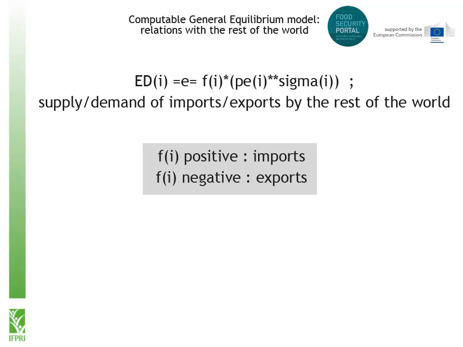On the right side, you've got PE to the power sigma. PE is always positive, of course, because it is a price. So PE to the power sigma will always be positive. So it means that ED has the same sign as F in sector i. So if ED is positive, F is positive. These are imports. If ED is negative, these are exports, and F in sector i is negative.